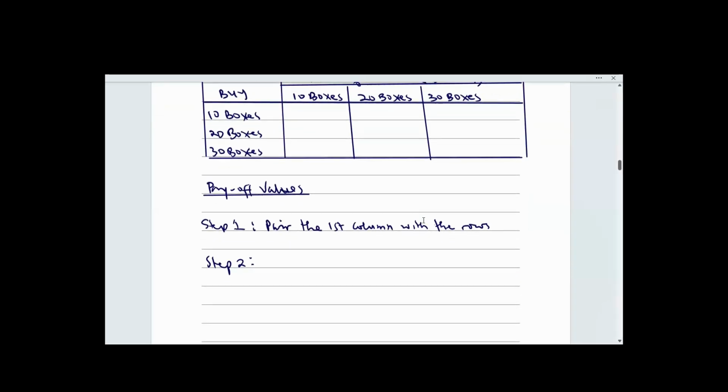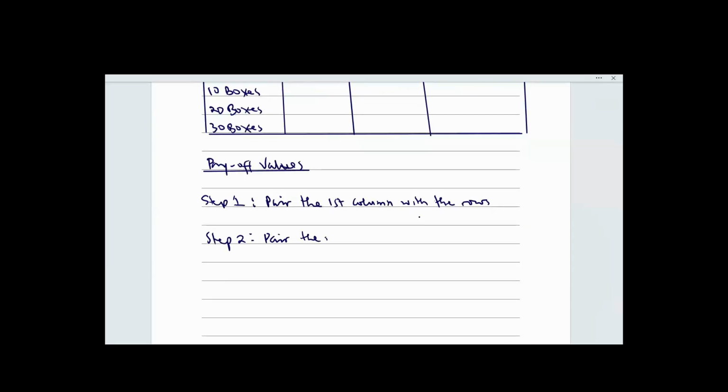So step 2, you are going to pair the second column with the 3 rows.